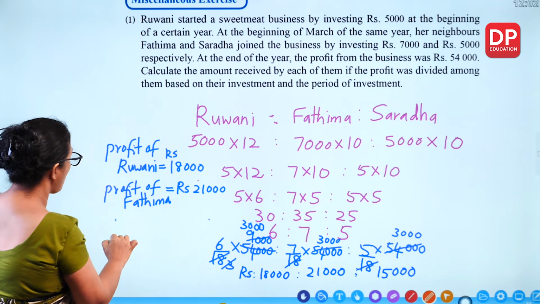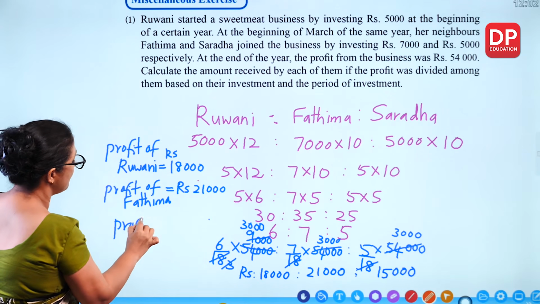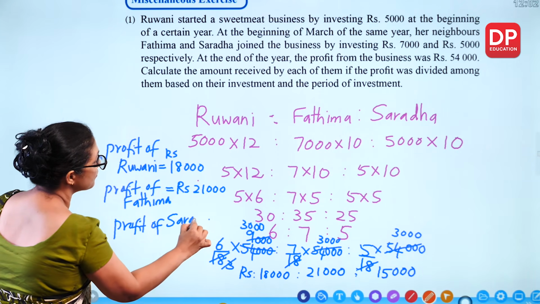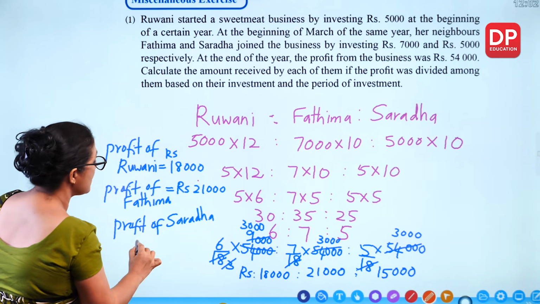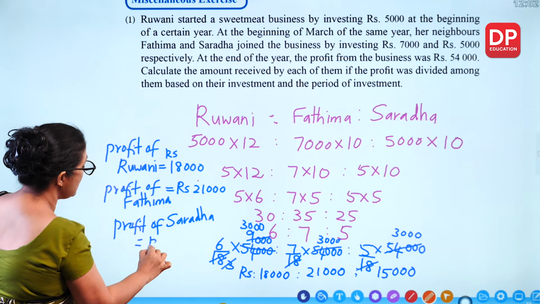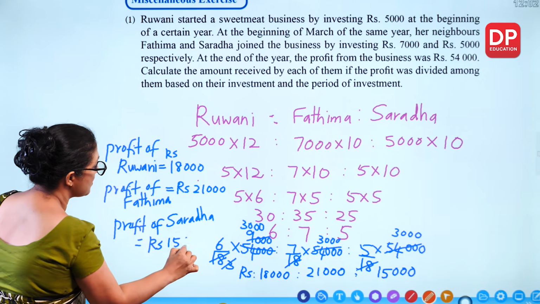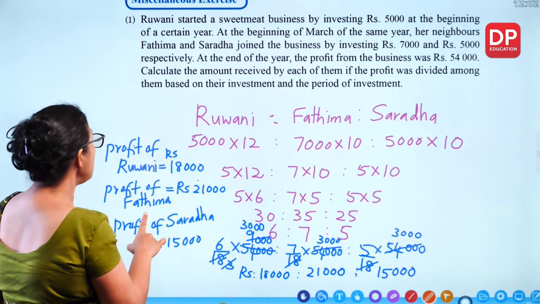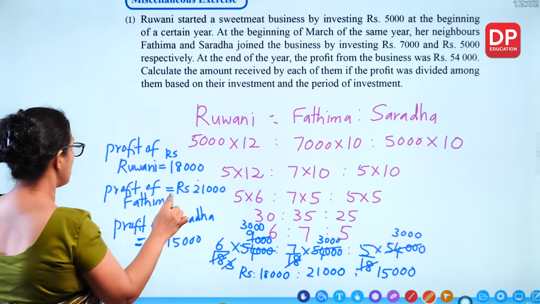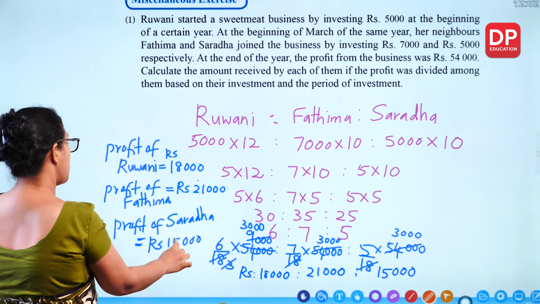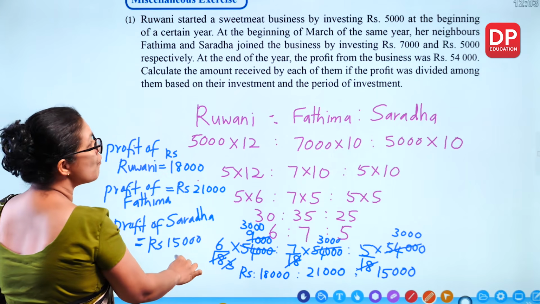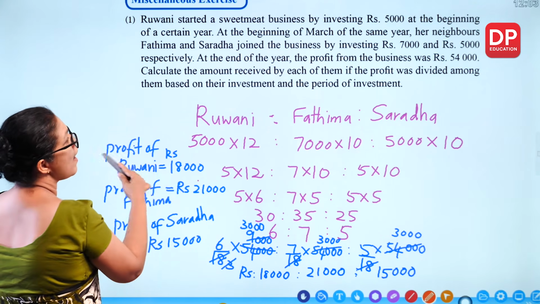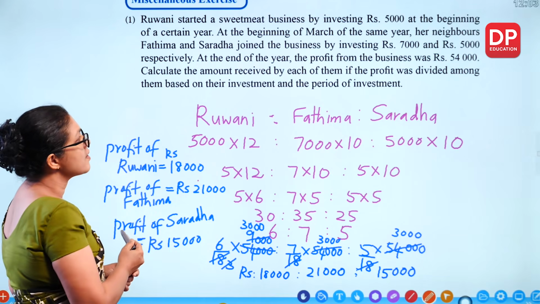And profit of Sarada is equal to 15,000 rupees. So when you add the 3, you need to get 54. Just check it. 9, 9 plus 4, 14, 1 remaining, 2, 3, 4, 5, 54,000. So that's correct.